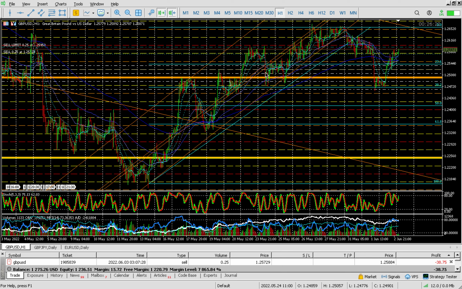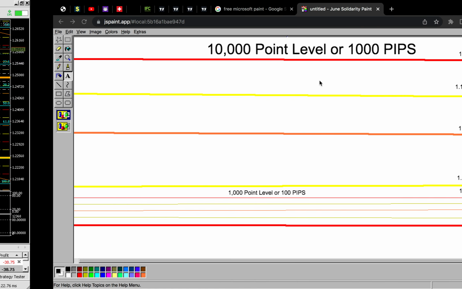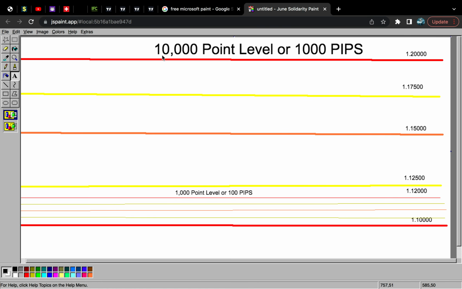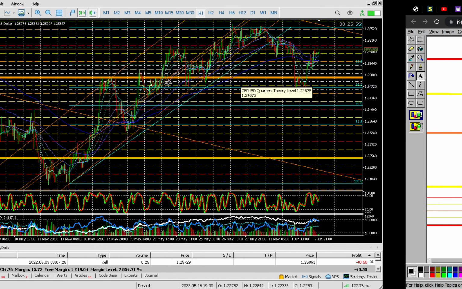Looks like it's going back. Maybe not. Okay. Now, test this level. It's the 5,000 level. Major. That's a 10,000. That's a half quarter. That's a 5,000 level. So we can call that a 5,000 level on the 10,000 point scale. Okay.